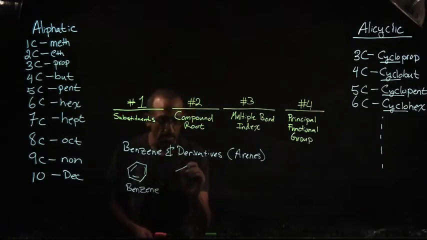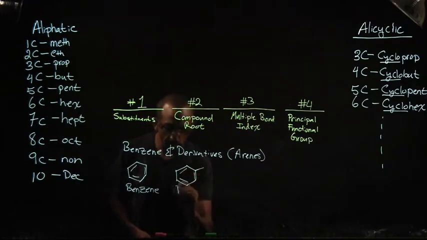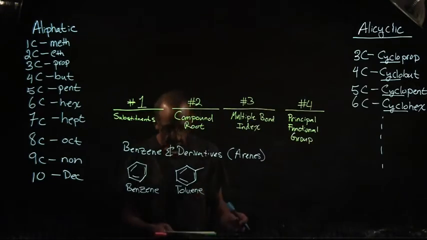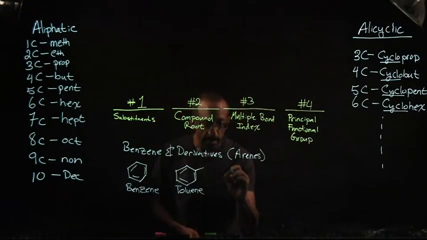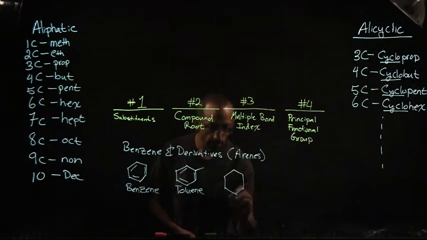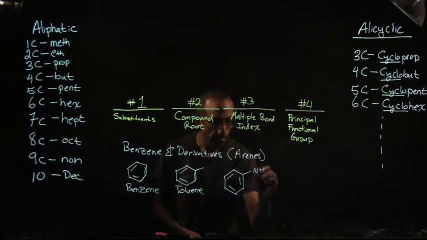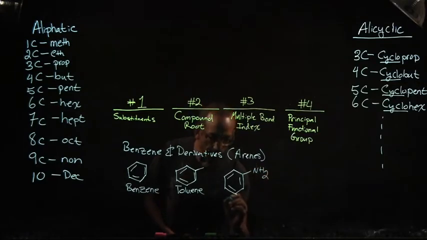If we put a methyl group off of that, the IUPAC name for this, toluene. If we put an amine group off of it, the IUPAC name is aniline.